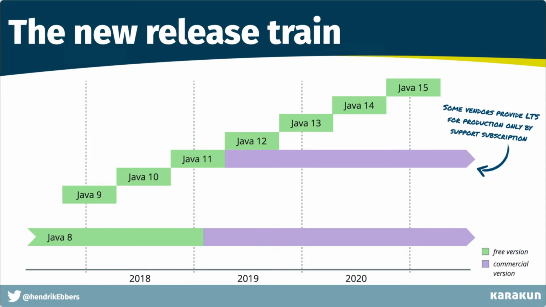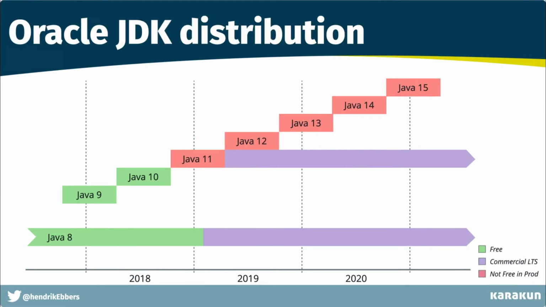It was even worse because next to that, Oracle changed their license and do not allow people that do not have commercial support even to use the versions for the first 6 months within production. So you're allowed to use it in school for learning Java, on your local machine as a developer, maybe in your build environment, but definitely not in production.